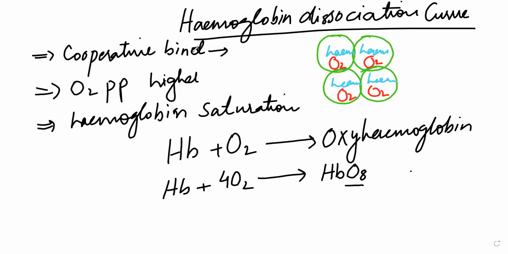So this is what we mean by cooperative binding. And this cooperative binding is very important so that hemoglobin saturation can be achieved. This hemoglobin molecule that is present in the red blood cell is now saturated with oxygen.